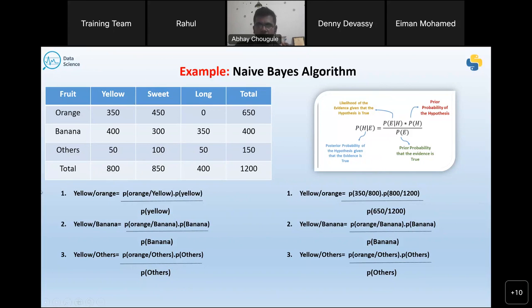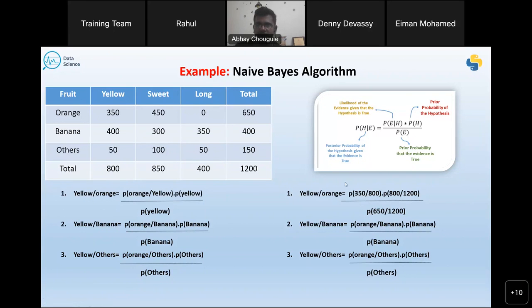You are going to do it with the yellow orange, not an issue. Yellow banana, yellow others, but side by side you have to do it with sweet orange, long orange, yellow banana, sweet banana, and long banana. You are doing it with the yellow, with the sweet, and with the long as well. So you can pass the example.